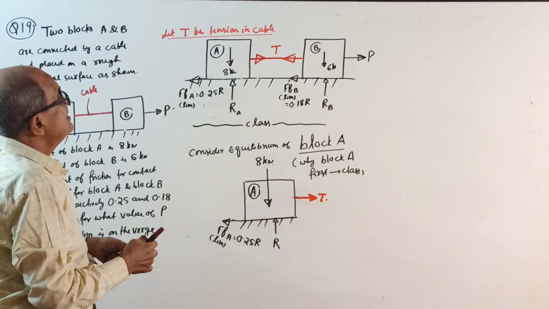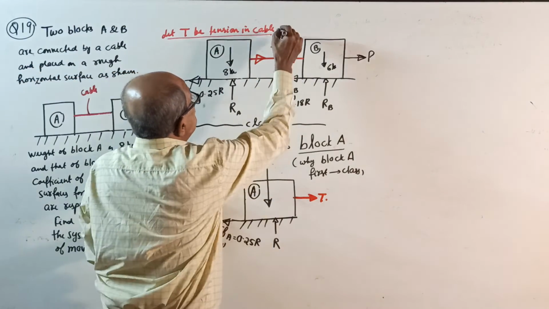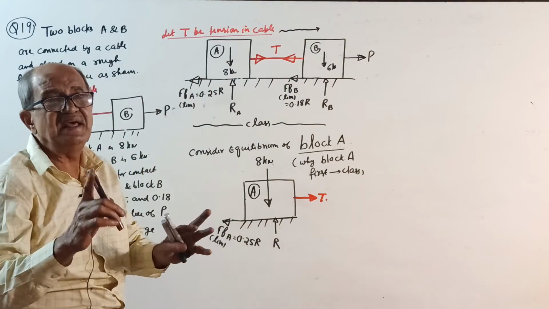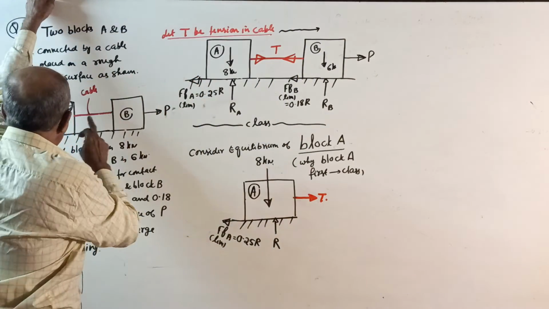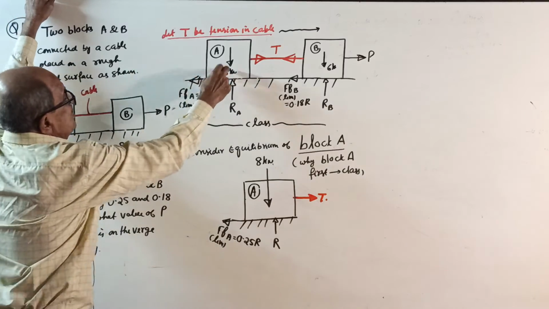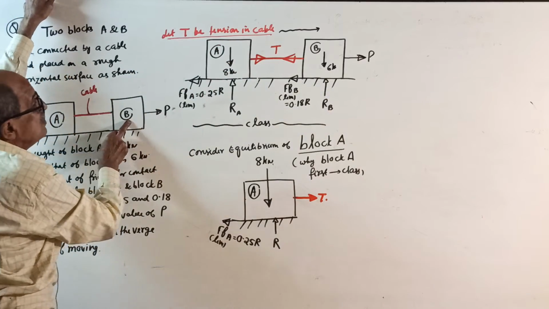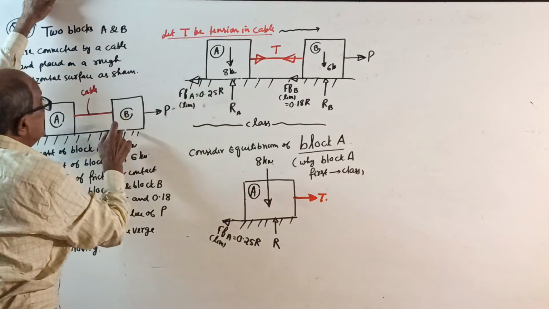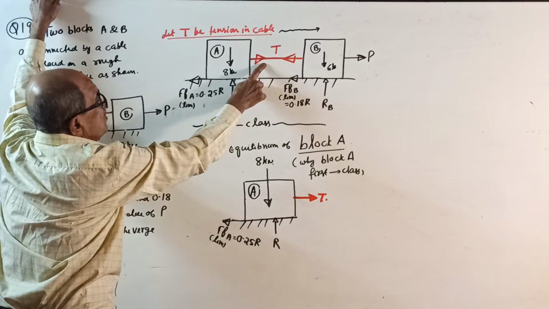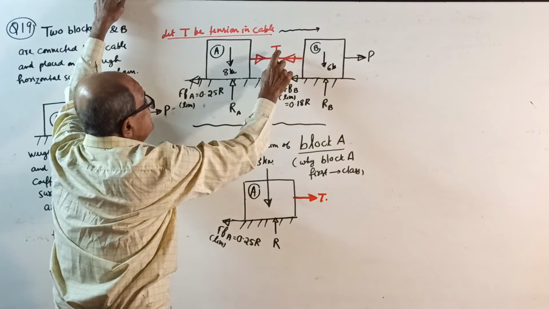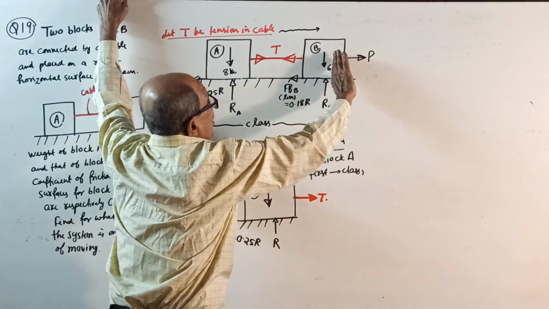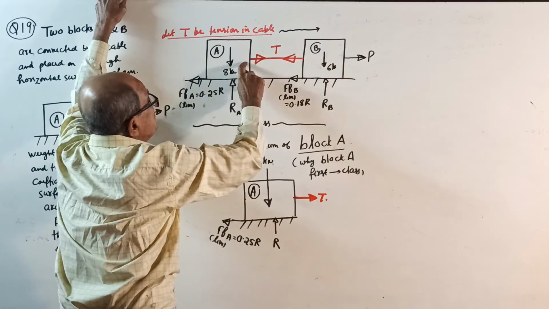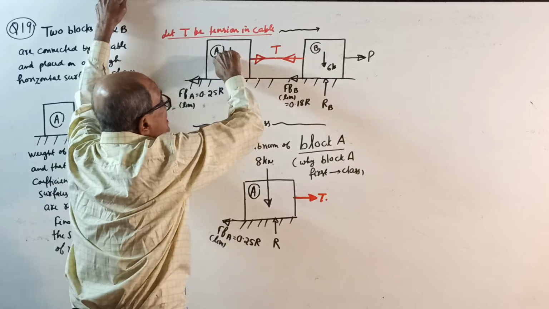Now some statements you should write. I will dictate. Systematically write: weight of block A, 8 kilonewton, down. Weight of block B, 6 kilonewton, down. Then T be the tension. When this block moves, the tension will try to prevent it, but the tension in the cable will move this one.